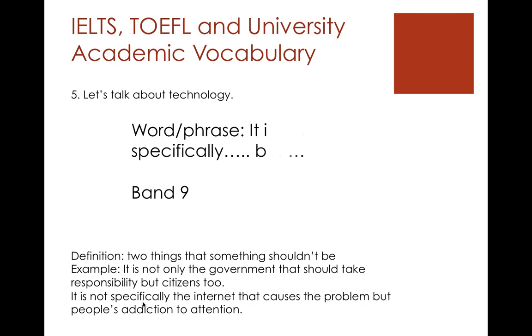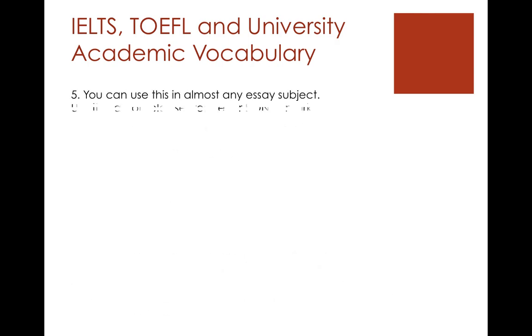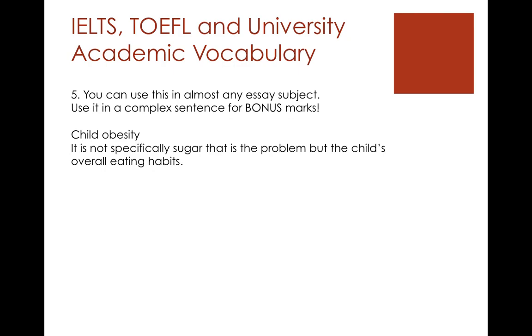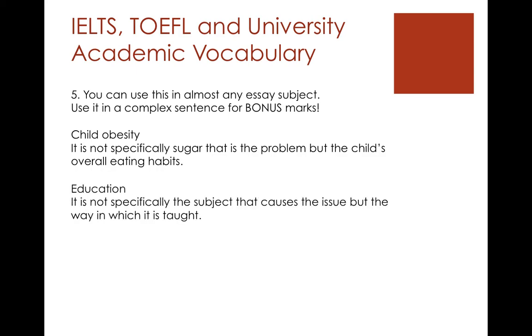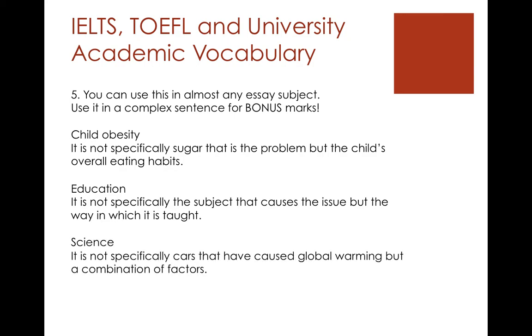phrase. Let's see some examples, and then you can put some in the comments. It's not specifically sugar that is the problem, but the child's overall eating habits. It's not specifically the subject that causes the issue, but the way in which it is taught. And it's not specifically cars that cause global warming, but a combination of factors.